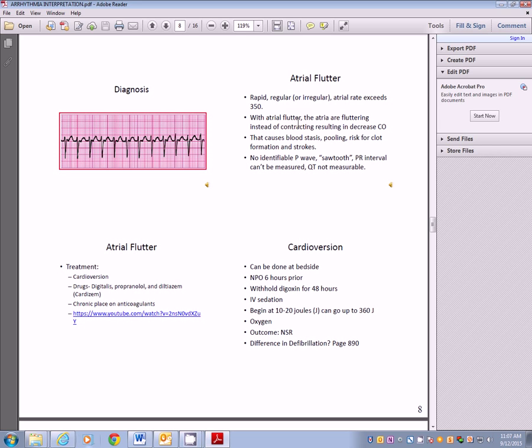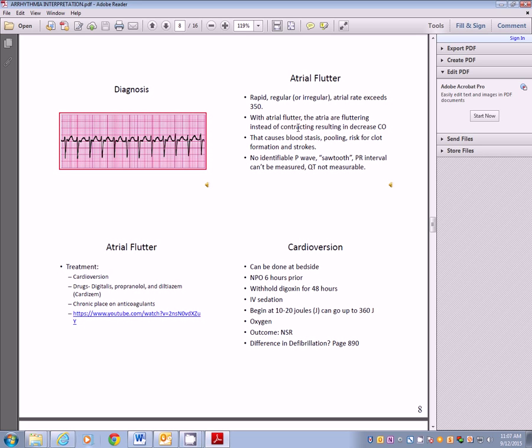With atrial flutter, and it does tell you here when you're talking about atrial flutter in the book on pages 867 through 868. It talks a little bit about atrial flutter.